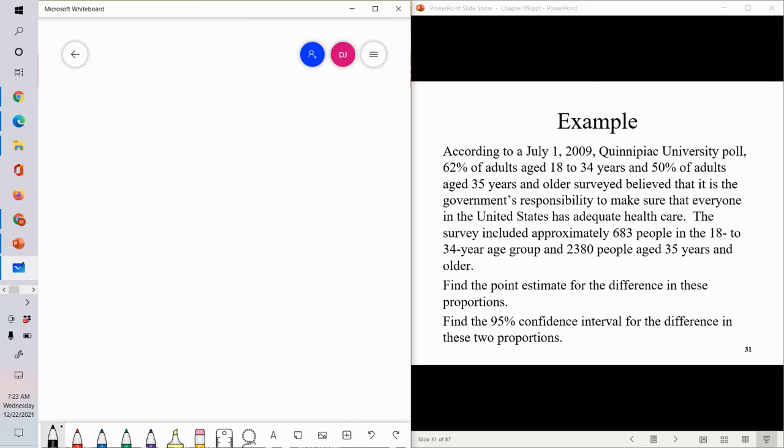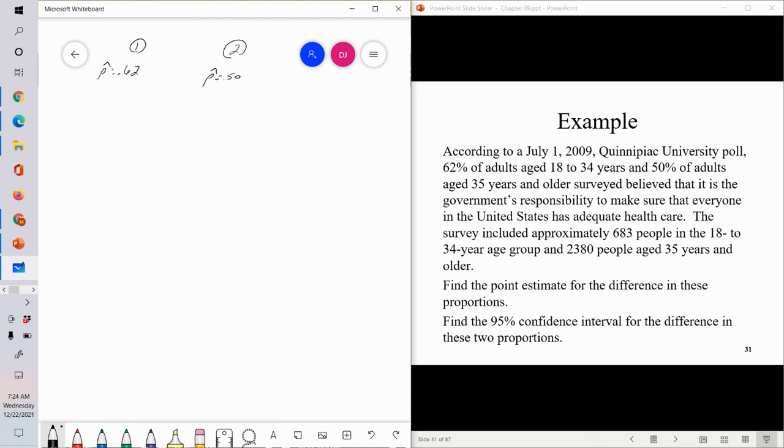So the young group, I'm going to call group 1, and the older group, I'm going to call group 2. 62% of adults in the age group from 18 to 34 and 50% of adults in the age group 35 and older surveyed believe that it's the government's responsibility to make sure that everyone in the United States has adequate health care.